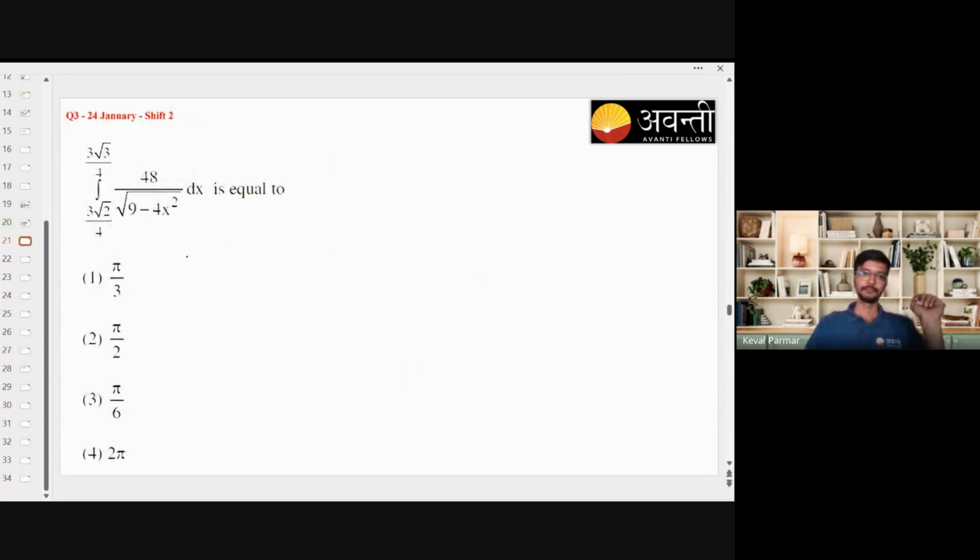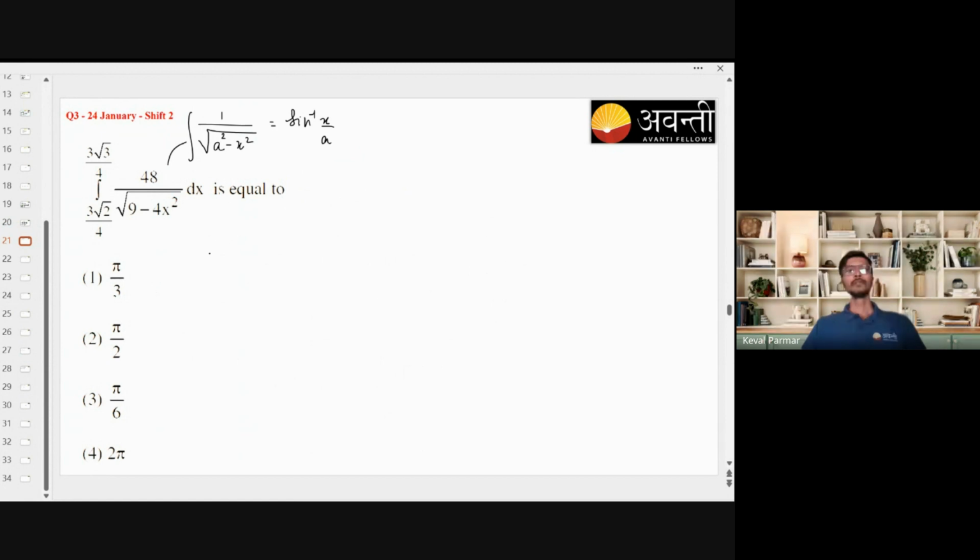This question is also a nice but simple question. Why, guys? Because this is an integration of the form 1 upon under root of a square minus x square. What is its integration, guys? It is sine inverse of x by a.